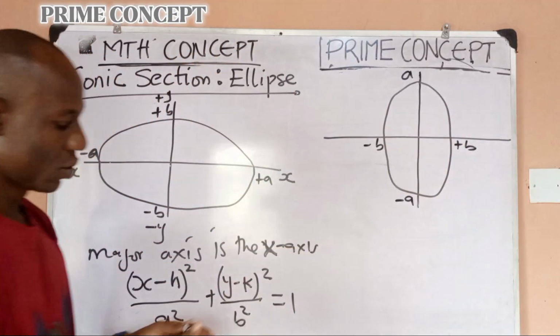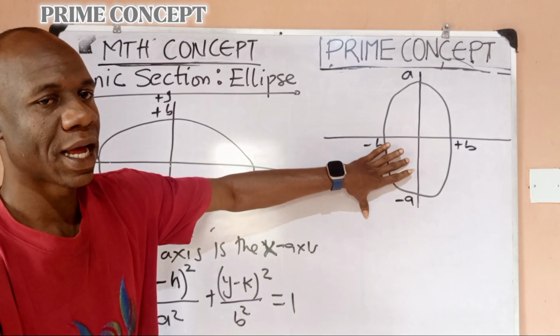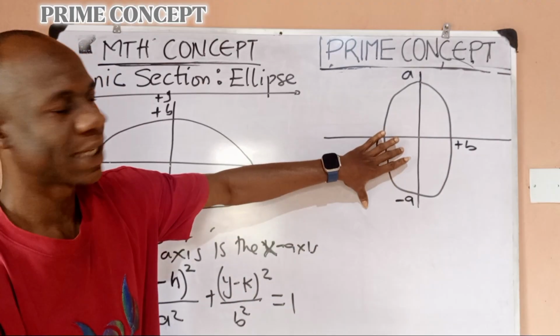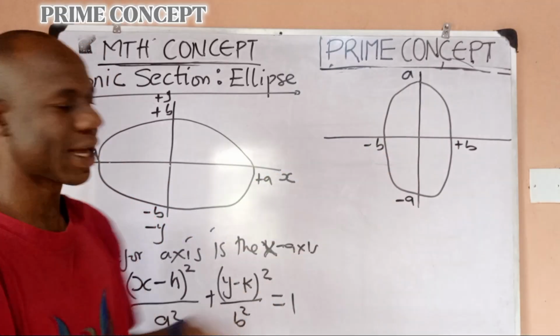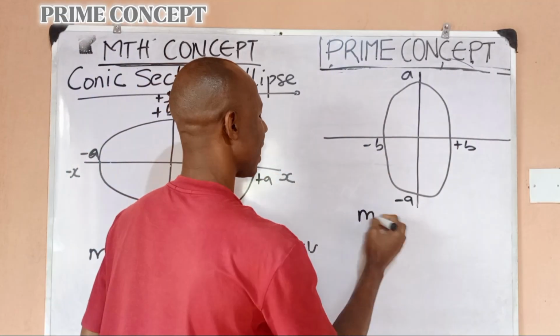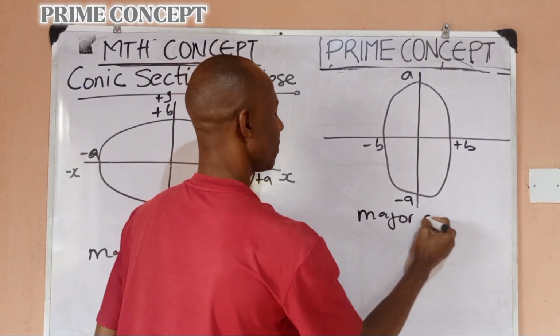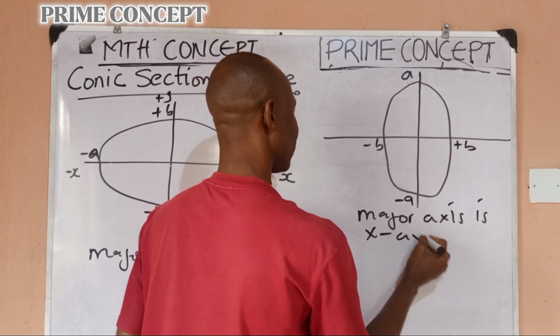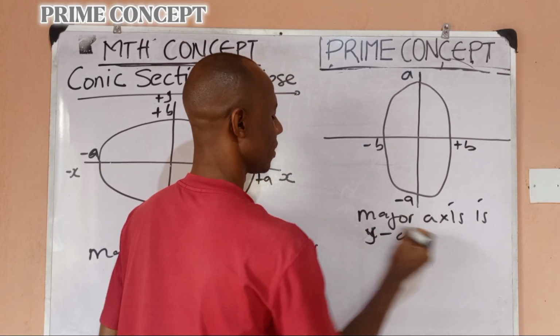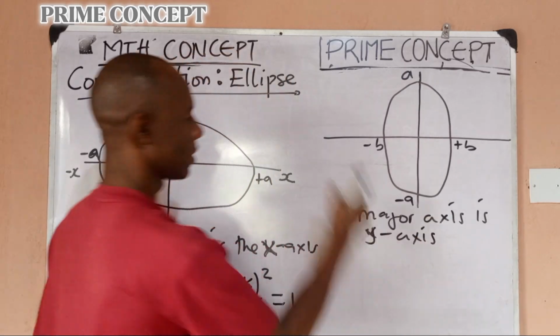So what it means is that for this particular ellipse, your major axis is your y-axis, while your minor axis is your x-axis.